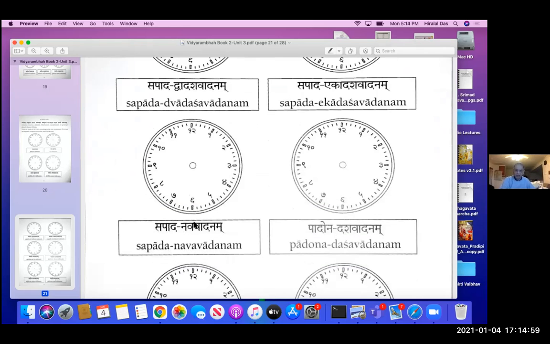Sapad Navavadanam. Who can tell? The shorthand is between 9 and 10. Navavadanam, okay, between 9 and 10.